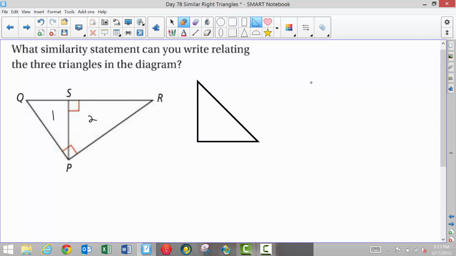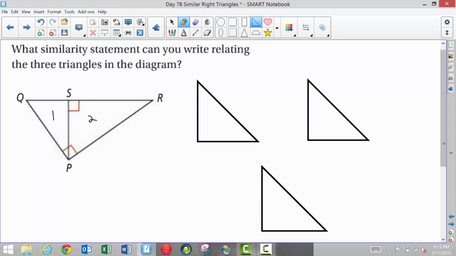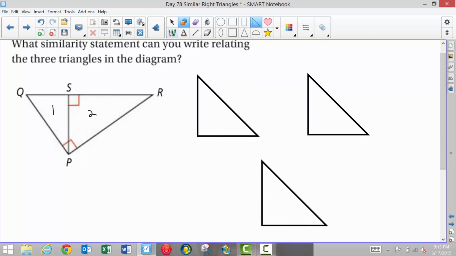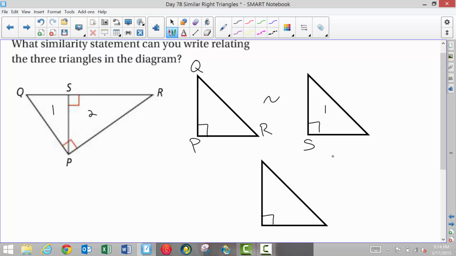I'll have all of my right triangles facing the same direction. Label my 90-degree angles. In the original, I have Q, R, P. In triangle 1, my 90-degree angle is S. In triangle 1, I have angle Q.